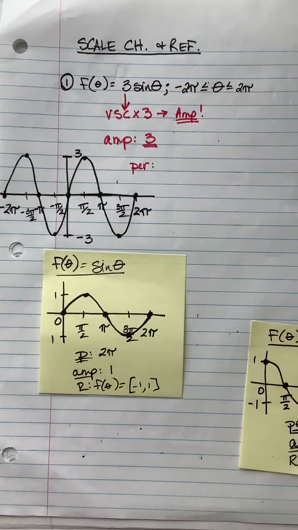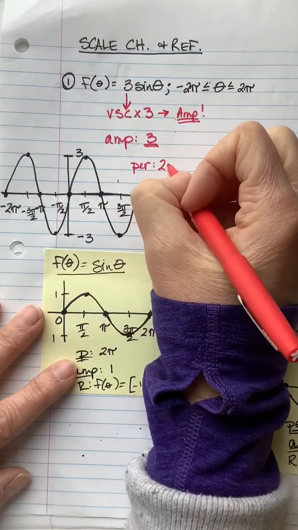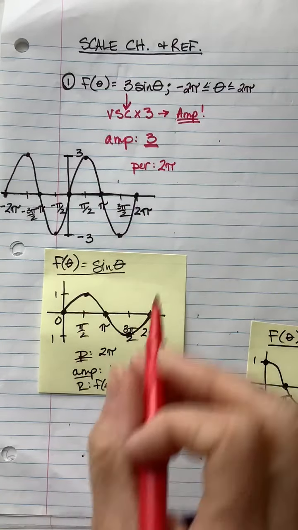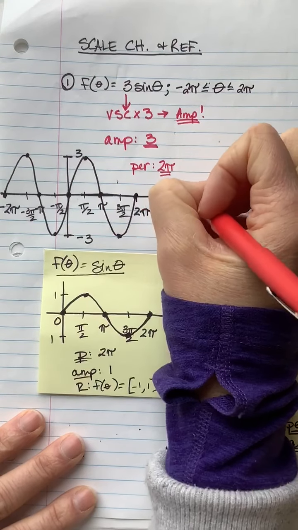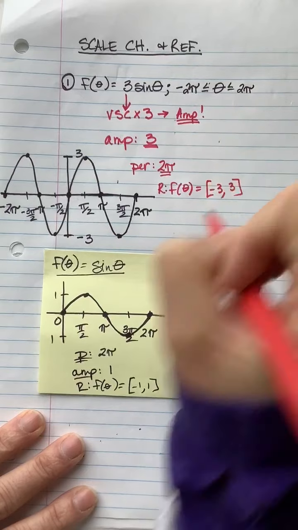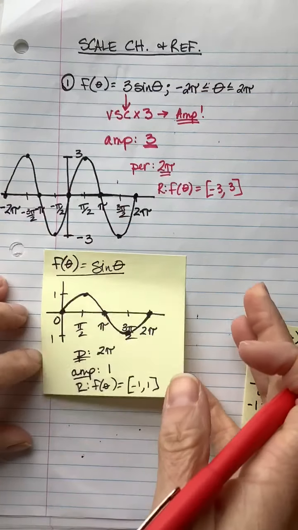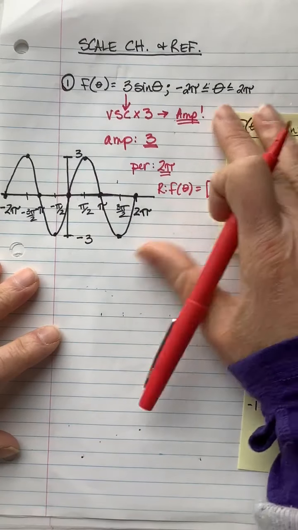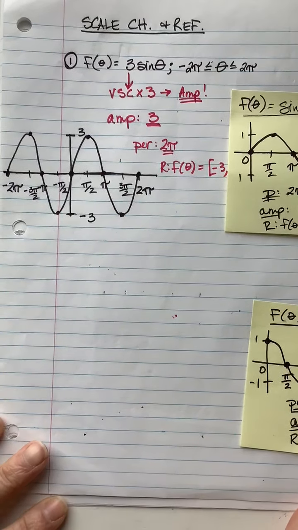We're showing 2 periods, but the amount of time that it takes for one period to unfold is still 2 pi. Amplitude is 3, and my range has changed. F of theta is going to go from negative 3 to 3, because it has been stretched 3 times. Kind of cool. Put that up there, and now we're good to go.